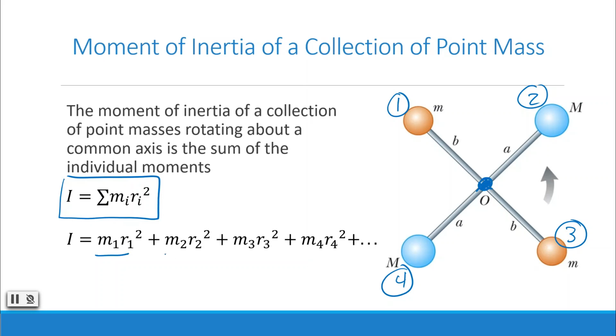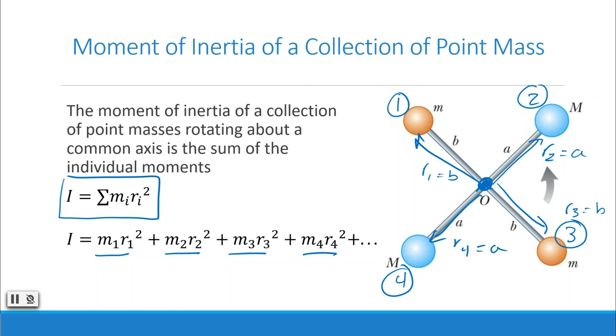Okay, and basically you put in their masses and their radii. So for one, you would have R1 is going to be B, and then R2 is A, and then R3 is B, and R4 is A. Okay, so you have to measure those always from the axis of rotation.